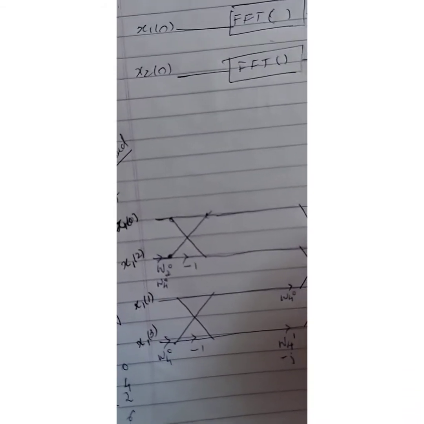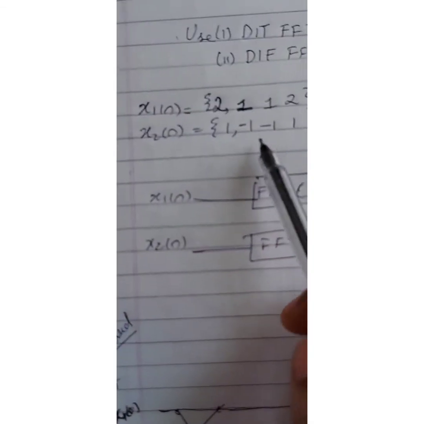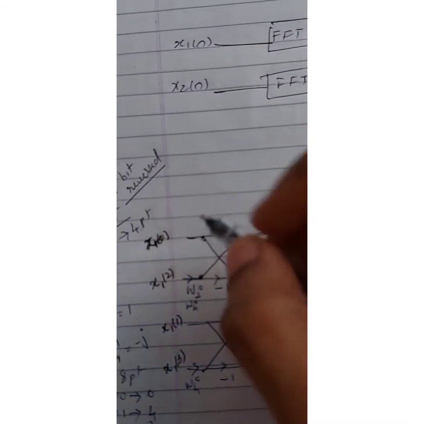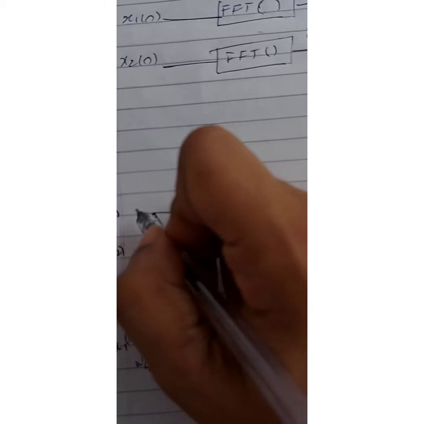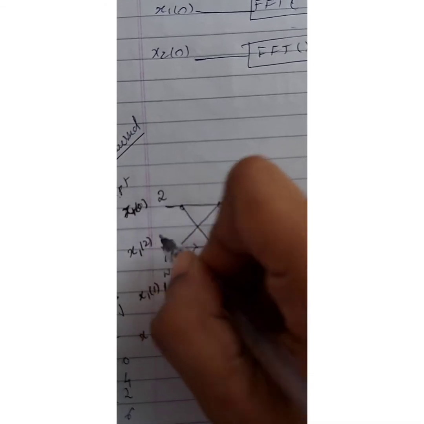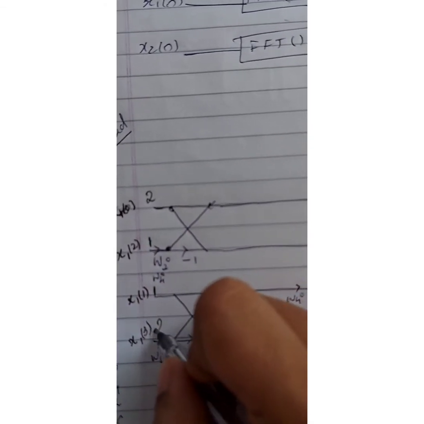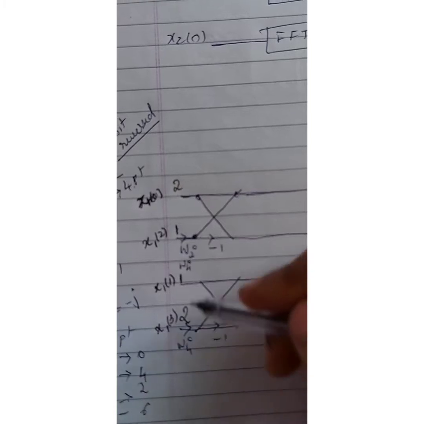So give the inputs. The first input is 2 1 1 2. So you write the inputs 2, 1, 1 and 2. The inputs are given in this order.